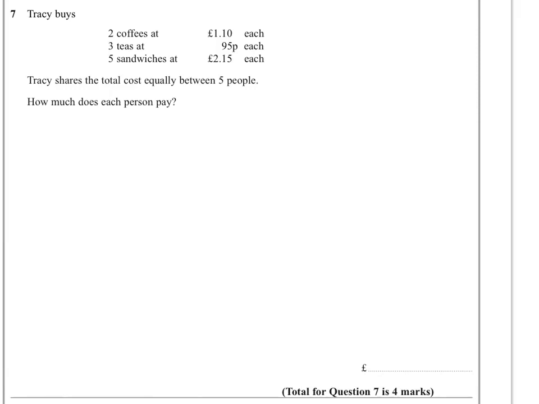Question 7. Tracy buys the following items and shares the total cost equally between 5 people. So it says, how much does each person pay? So you can use your calculator here, but to develop numeracy skills, of course, I'm going to look at it without as well at the same time.